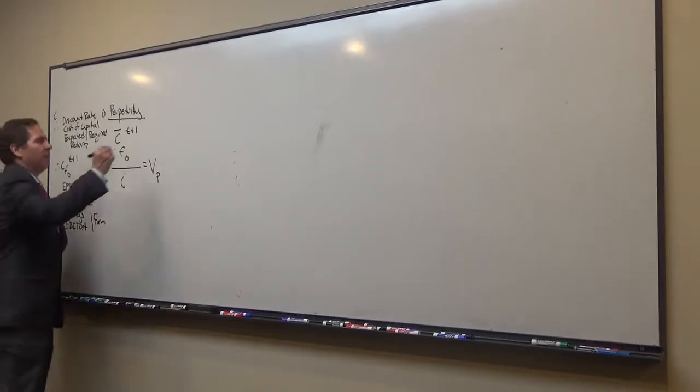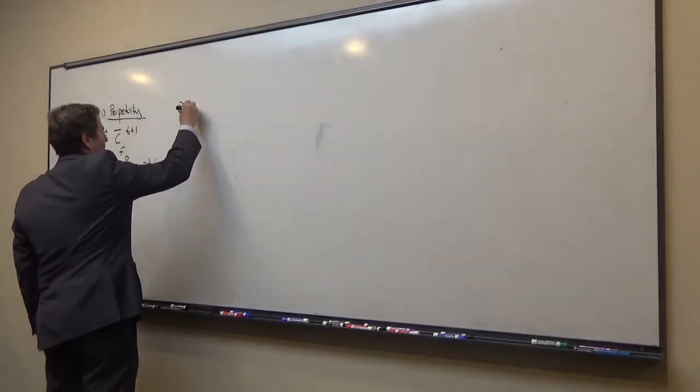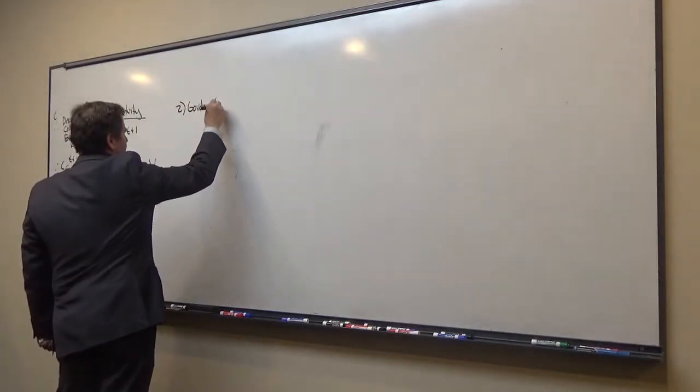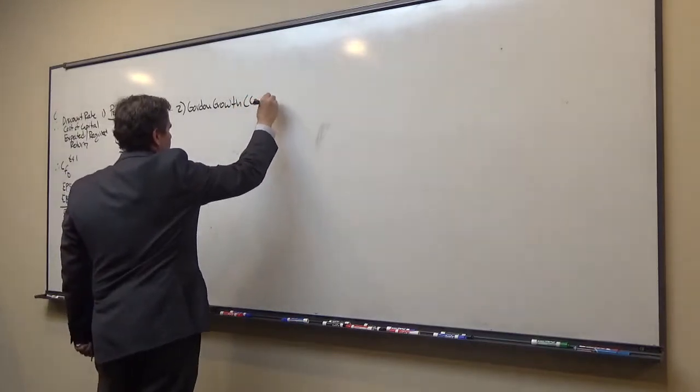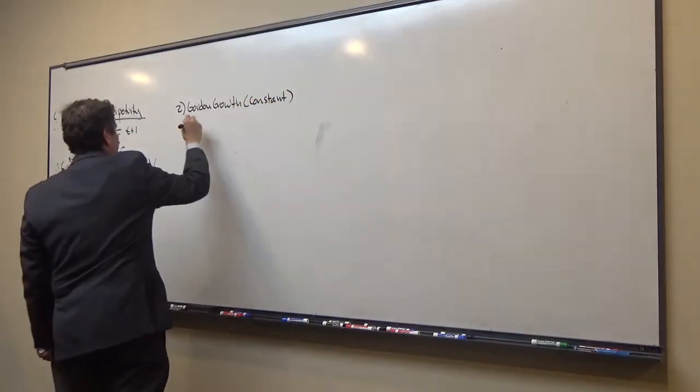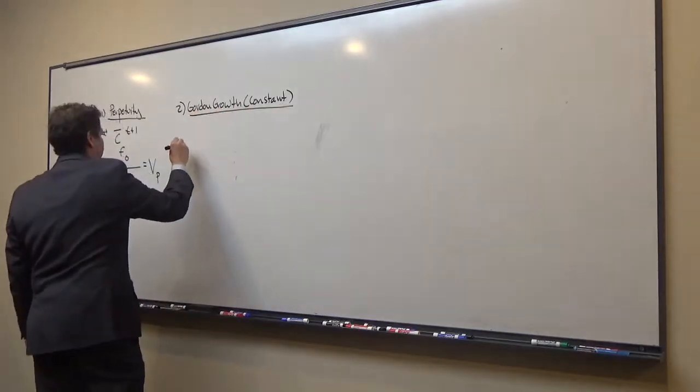Okay, and then your Gordon growth, or the constant growth model, is basically the perpetuity model that's been adjusted.